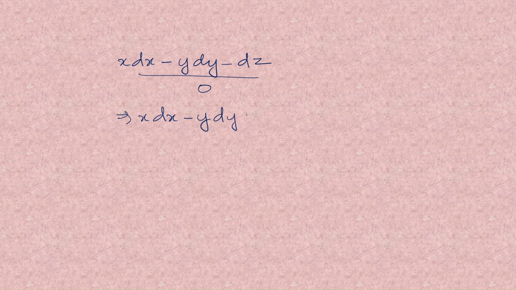So here we are having x dx minus y dy minus dz divided by 0, which implies, since it is in the ratio, that the numerator is equal to 0. Now it is easy to integrate it.